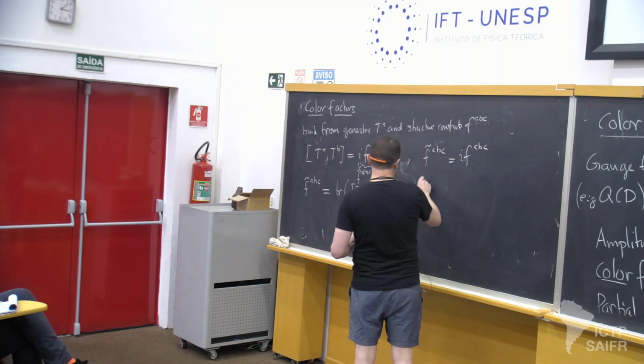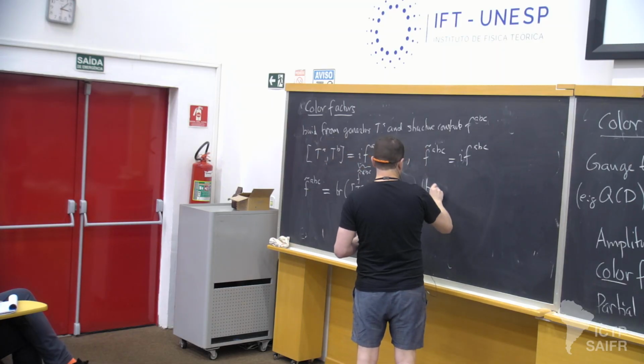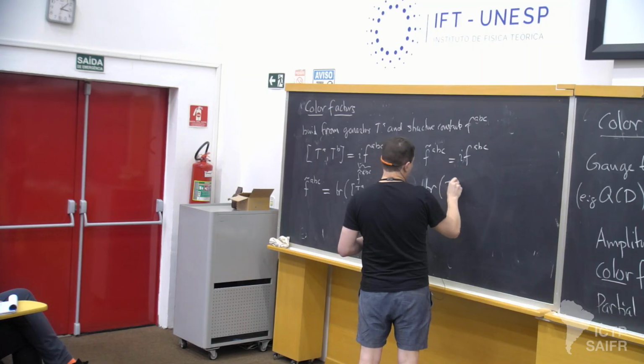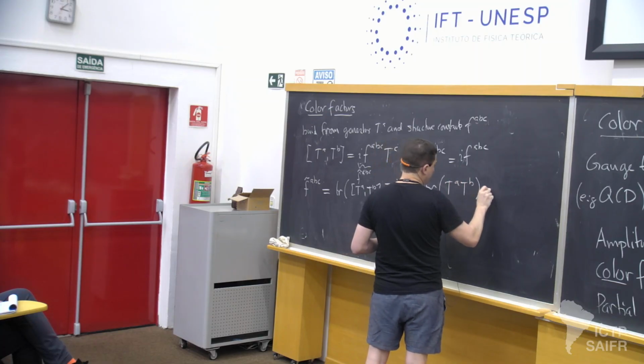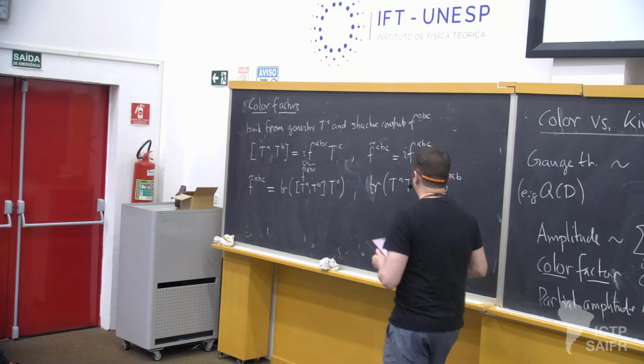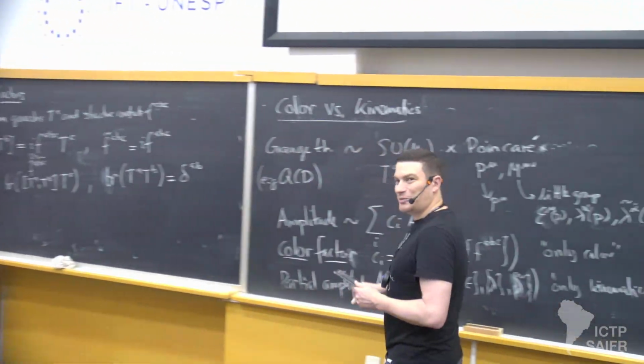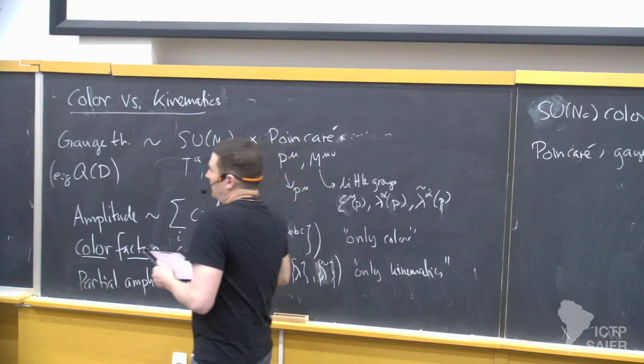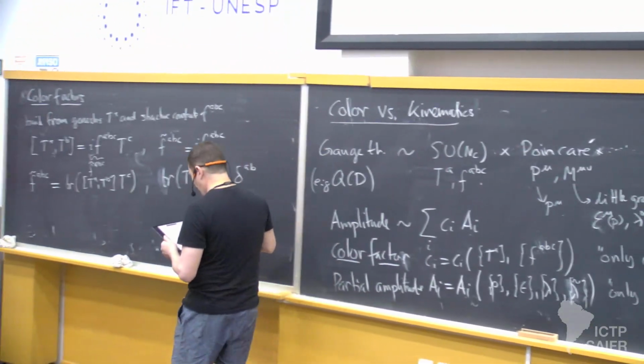And what we're using here is that the trace of two generators, you can always normalize to whatever you want. So I take it to be delta AB. David will probably talk about this tomorrow, and I hope he doesn't pick two different conventions for me.